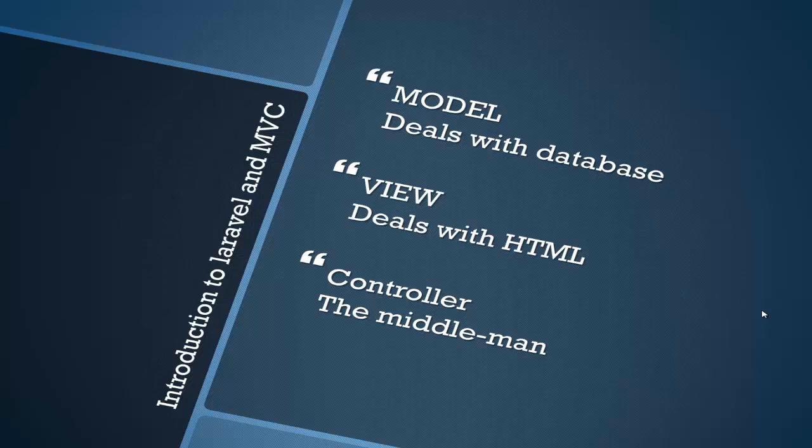If we have users in our application, we can have a user model that deals with everything that has to do with querying the database for that specific table of users, so that we have a user model and we also have a user table. Most of the time, every time we have a model, we are going to have a table for that specific model. If we have a post, we have a post model, and we have a post table.